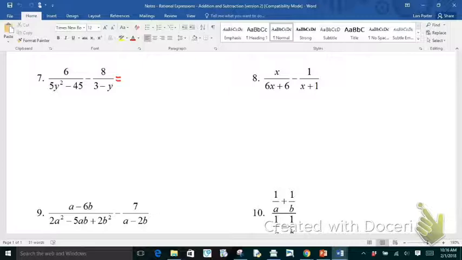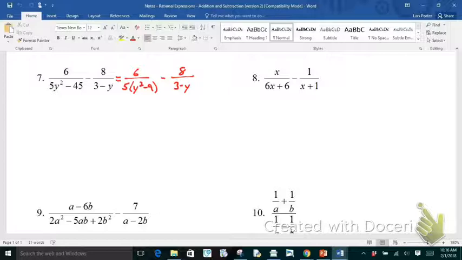Okay, so let's start with the left-hand side of this. Again, I don't really know what all I have in this denominator. There's all kinds of stuff going on, so I'm going to factor it and see what's really in here. If I take out a 5, I'm left with y squared minus 9. We have some good news in doing that, and that is that y squared minus 9 can be factored pretty easily.